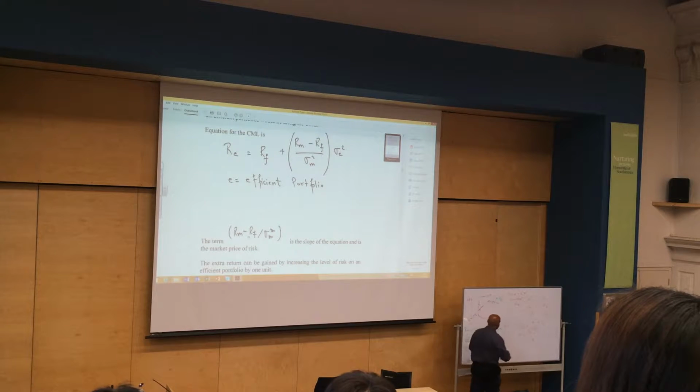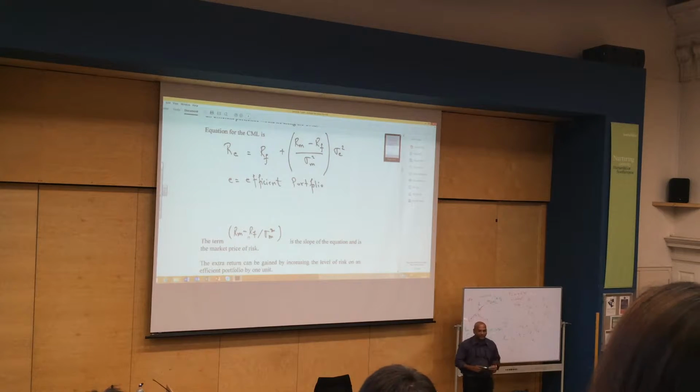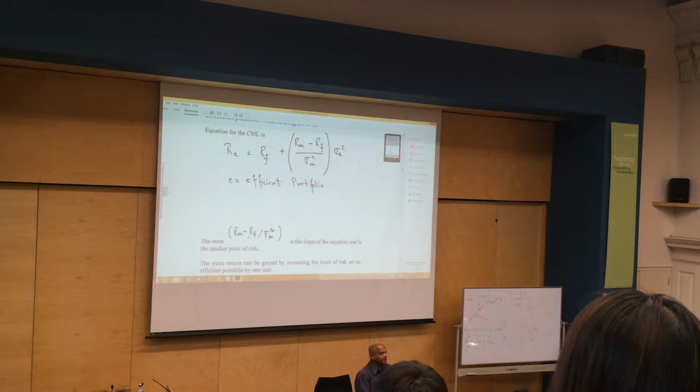You have the slope here, right? That's the slope. Is that positive or negative? It's positive, of course, because the return on the market portfolio has to be higher. It's a risky asset, a risky portfolio. So it's positive. The standard deviation is positive also.